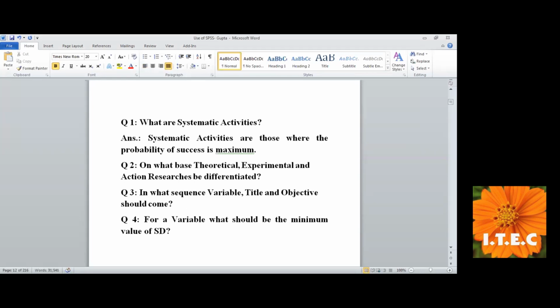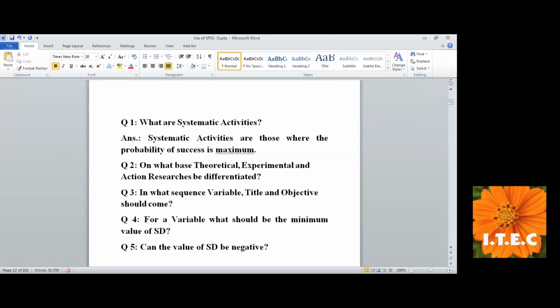Another question is: can the value of standard deviation be negative? Because when you calculate a standard deviation, there is a square root. And whenever there is a square root, there will be two values, one positive, other negative.